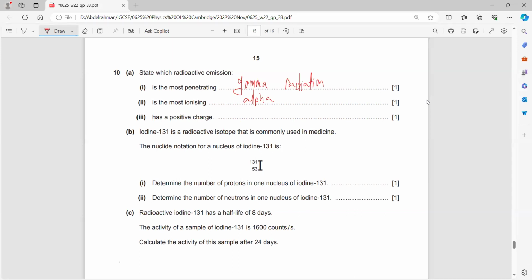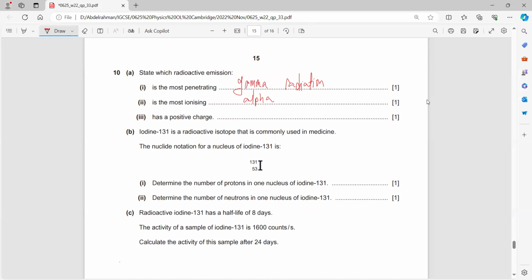What does ionization mean? It changes the atom to an ion faster, for example. Exactly. It has the capability to change other surrounding atoms to ions. Positive or negative ions, I don't care now, but it has the capability.